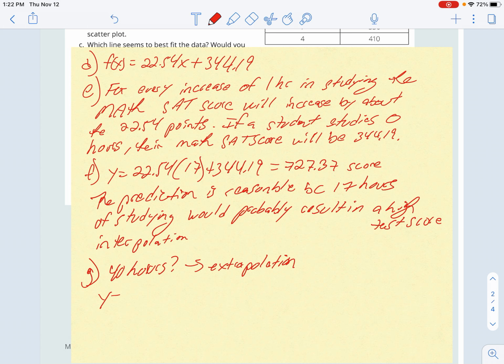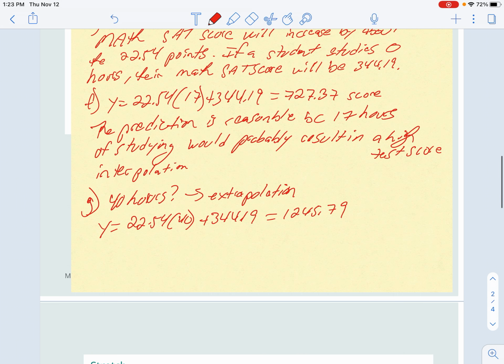So I'm going to do the same thing, but this time I'm going to plug in 40 hours to that equation. Go back to your calculator, type in 22.54 times 40 plus 344.19, and I get an answer of 1,245.79. So is this prediction reasonable?